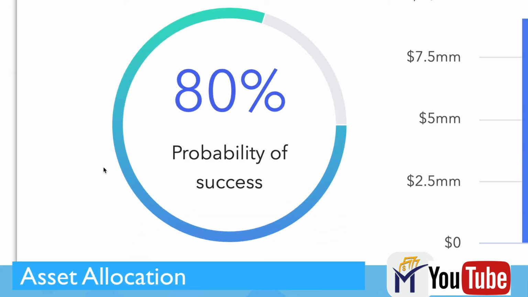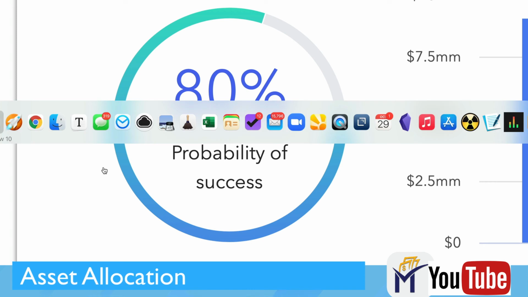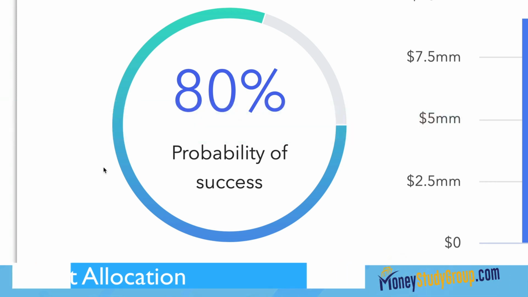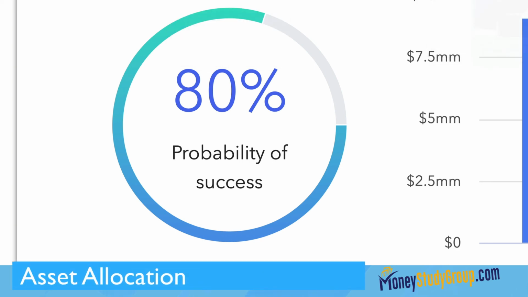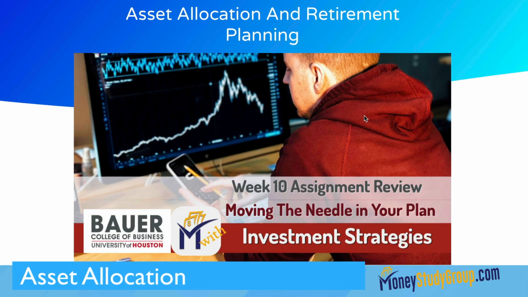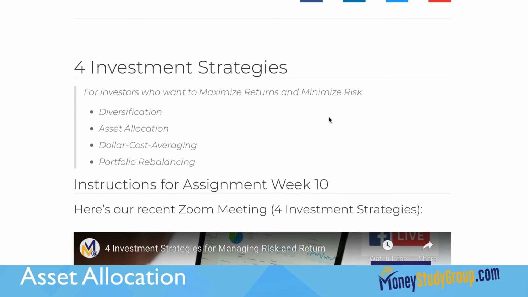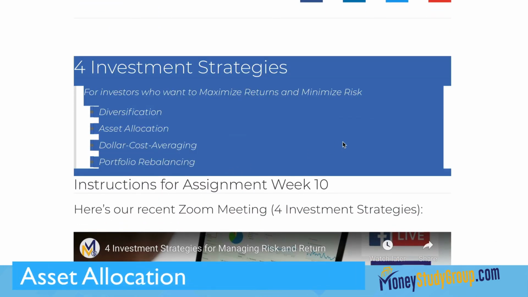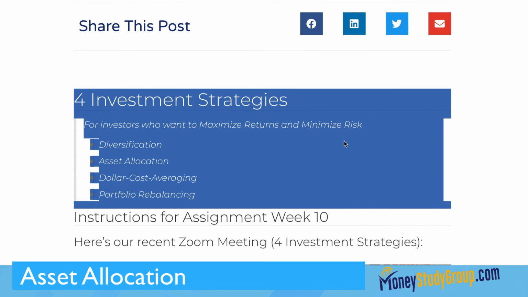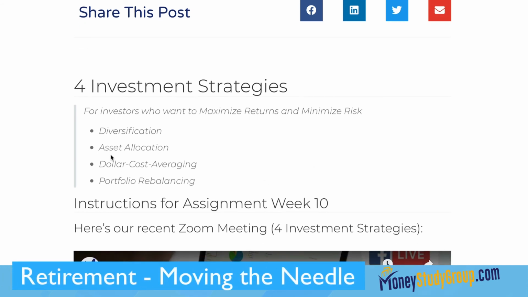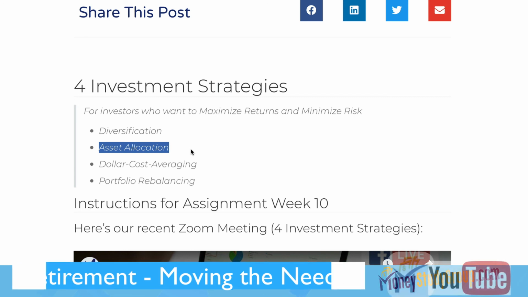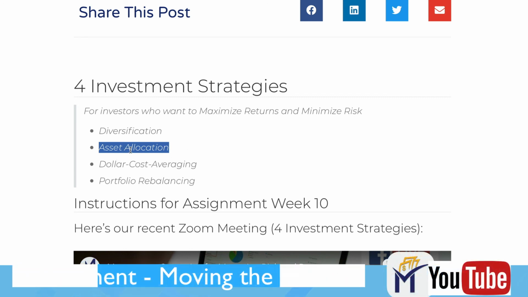Remember, let me go back to this post and remind you that these 4 investment strategies that we highlighted this week are each designed to help you maximize return and minimize risk. But the single most important strategy of all 4 of these is asset allocation.